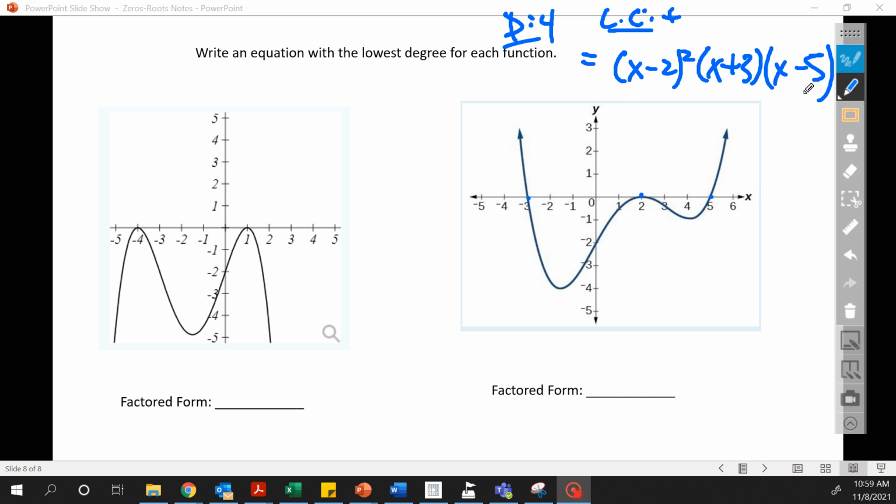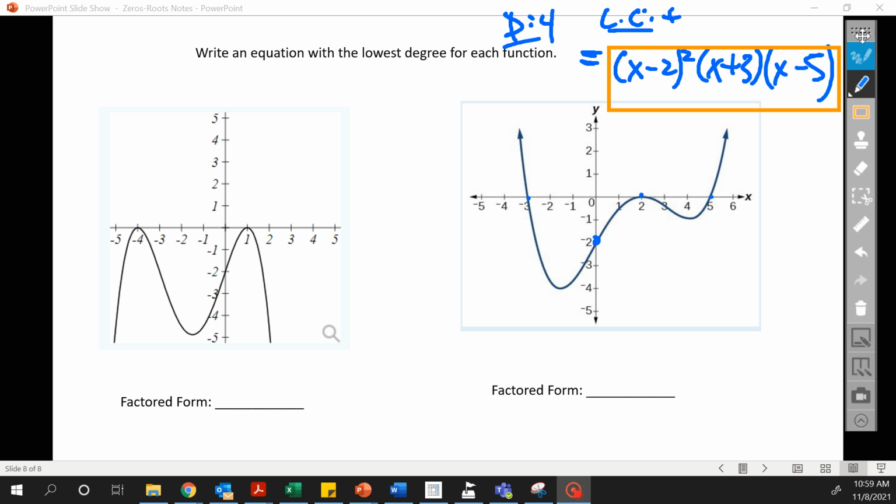Okay, so this would be almost good enough. The only issue is that it probably doesn't have the correct y-intercept at negative 2. I just need to put the correct number out front so that it has the right y-intercept. Because if I plug in 0, I get negative 2 squared times 3 times negative 5.